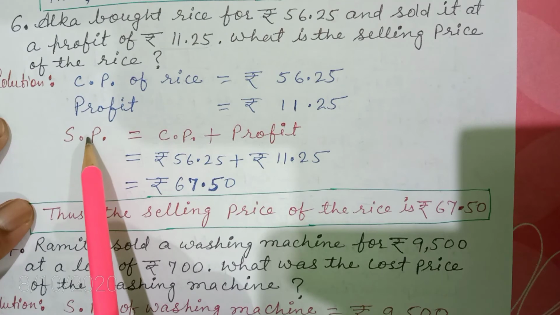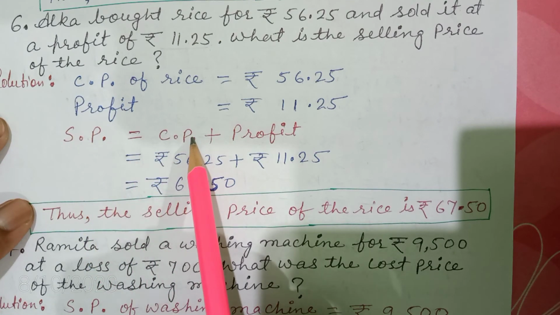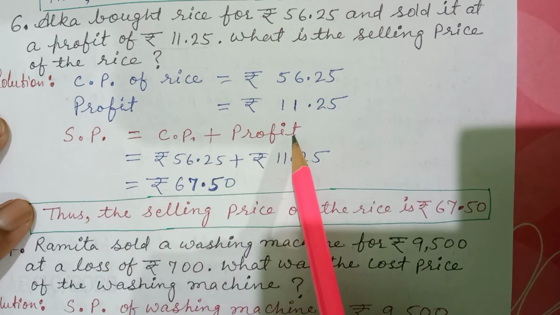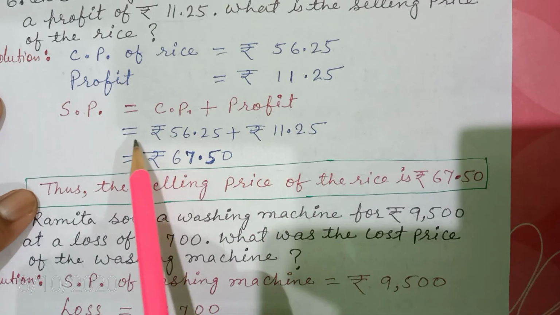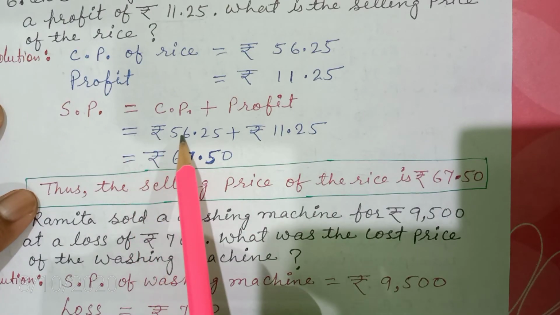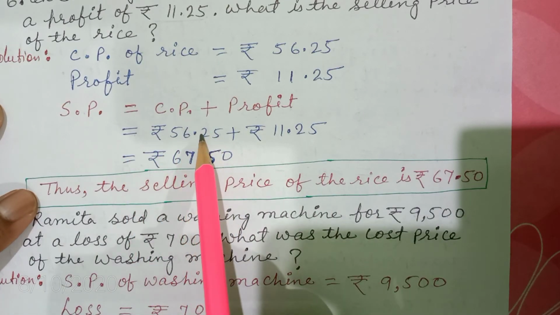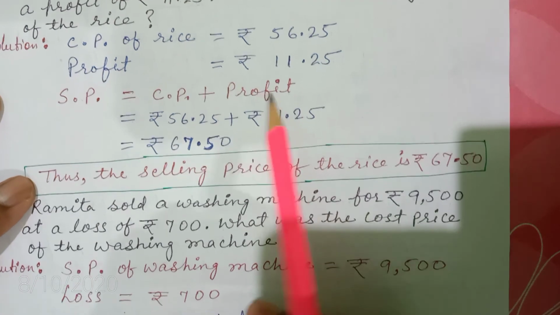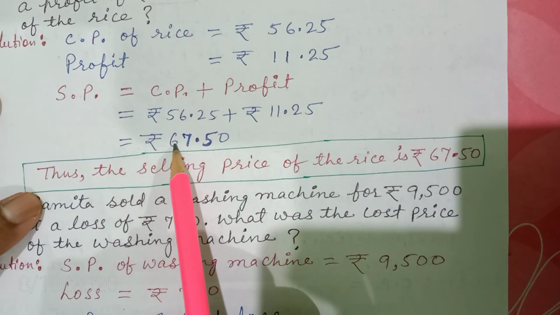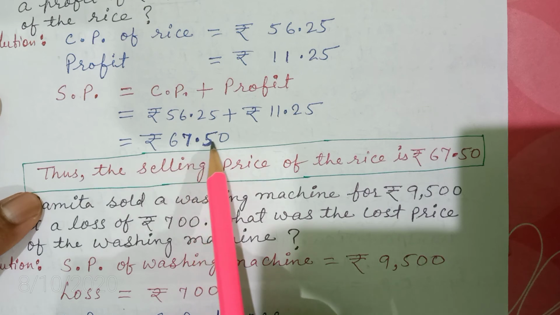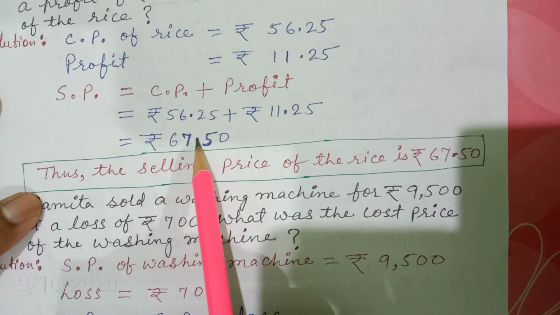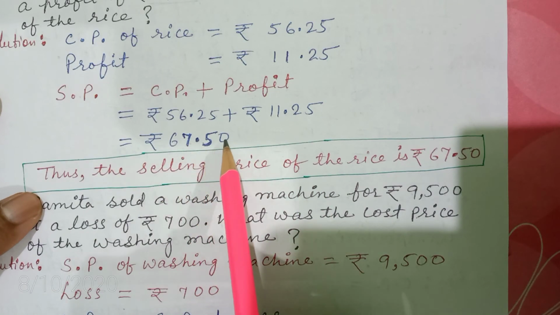Now you know SP equal to CP plus profit, means selling price equal to cost price plus profit, equal to rupees 56.25, this is the CP, plus rupees 11.25, this is the profit, equal to rupees 67.50. 56.25 plus 11.25 equal to 67.50.